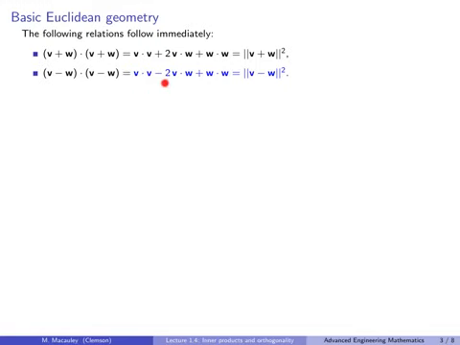I've written this in blue here because I want to show you that this is essentially the law of cosines. So v dot v is the norm of v squared. W dot w is the norm of w squared. And what we just saw in the previous slide, that last proposition, v dot w is the norm of v times the norm of w times the cosine of the angle between them.